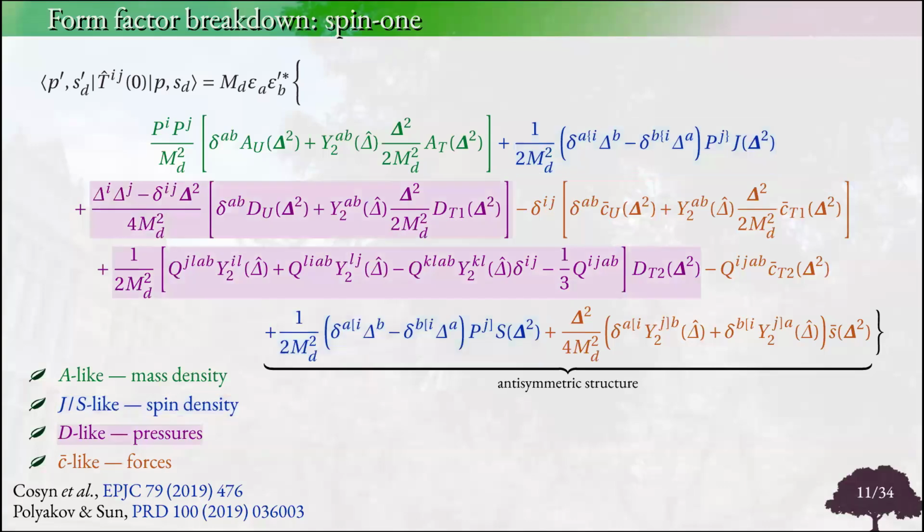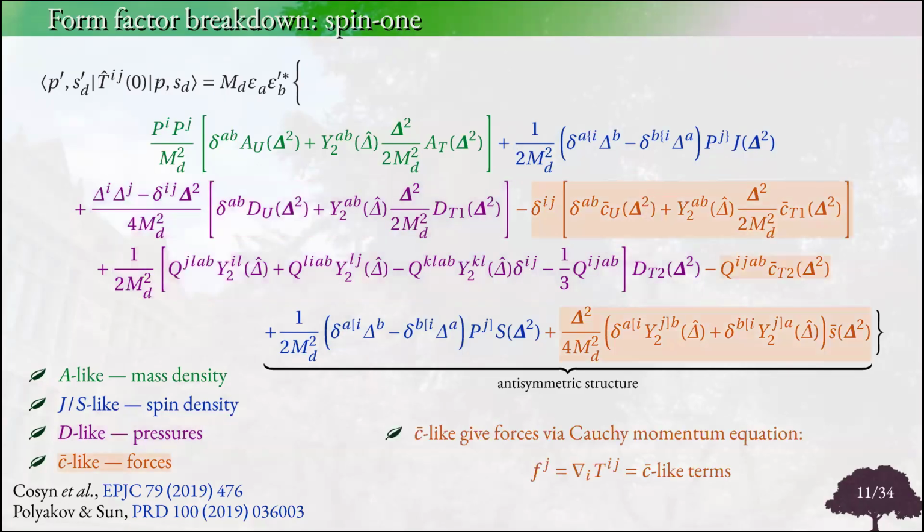You have 3 D-like form factors. These are similar to the D term in the proton or the pion. One of them associated with monopole structure, 2 of them with quadrupole structure. And you have 4 C-bar-like form factors. And these are actually going to be related to forces through the Cauchy momentum equation.